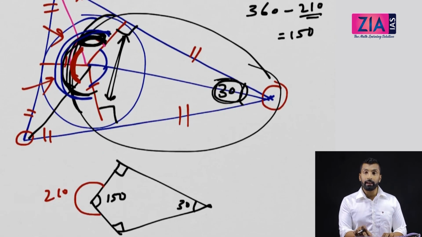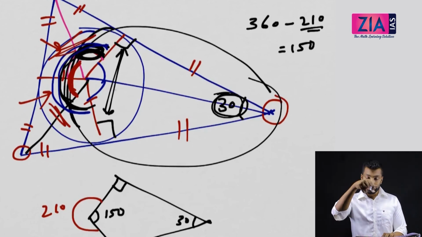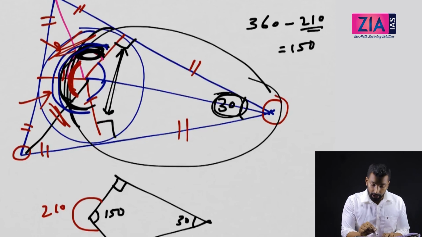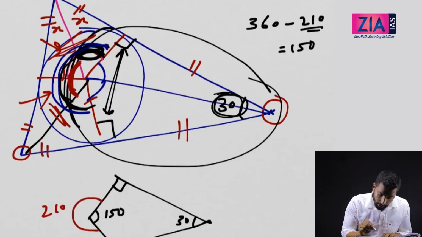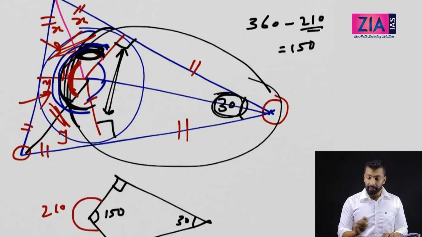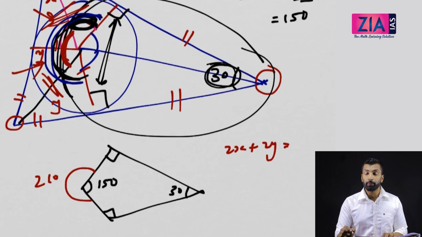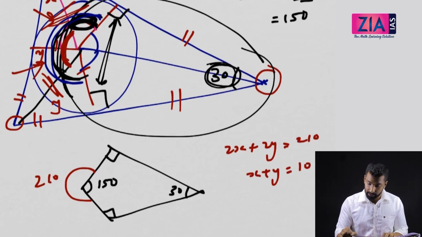So this 210 is basically this 2 and this 2, so 2 kites are involved in that. We know this will be equal and this will be equal. Let's mark these two as x and this as y and this as y. So basically 2x plus 2y is equal to 210. So x plus y is equal to 105.